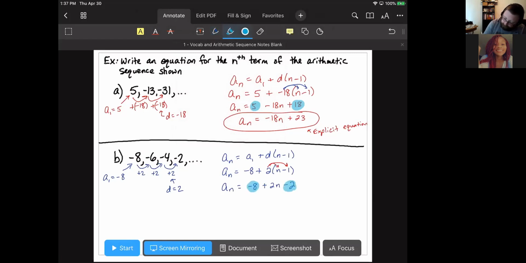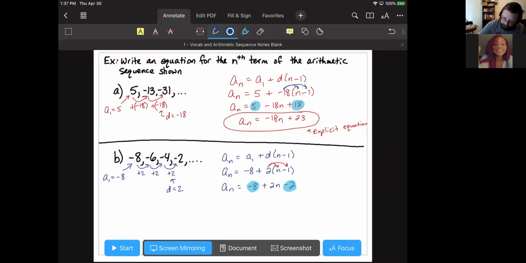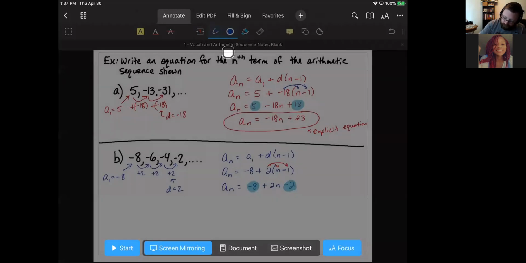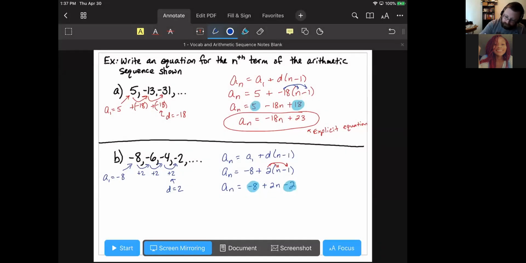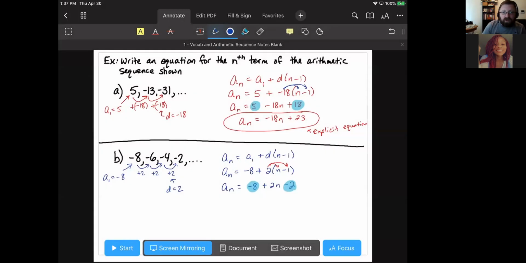Combine like terms. And the nth term, oh, what happened? I don't know what that was. I've made it angry. The nth term.